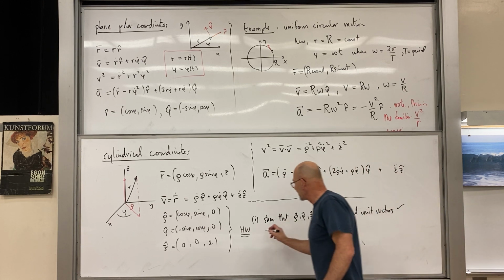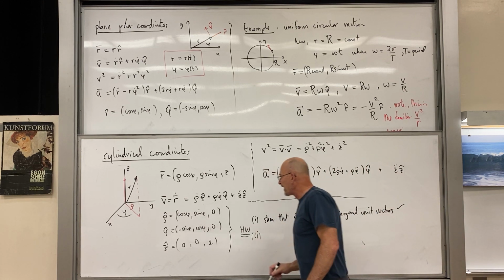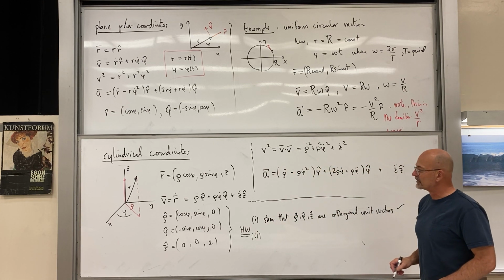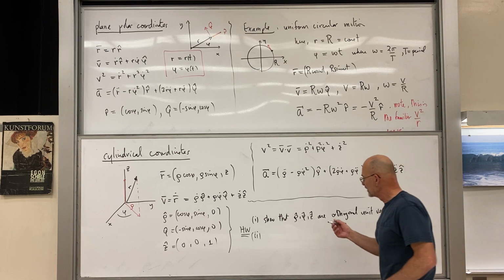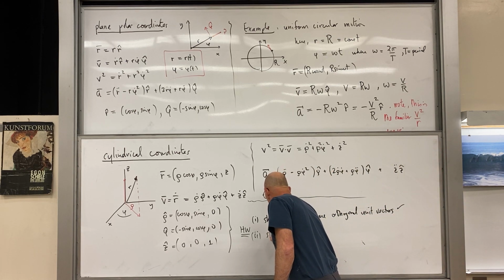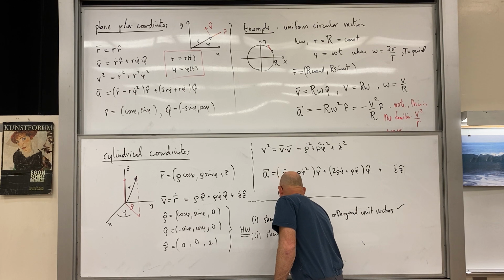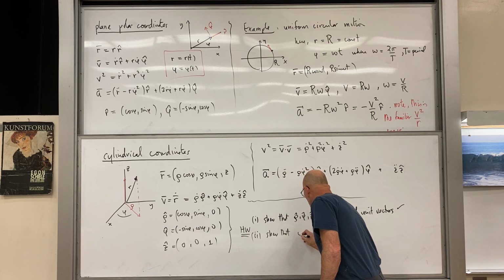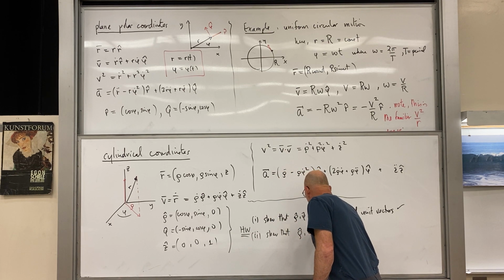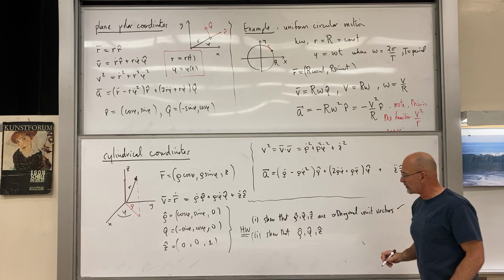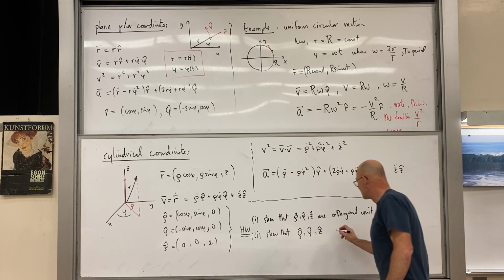The next thing is that they form a right-hand system. Show that rho hat, phi hat, z hat form a right-hand system.